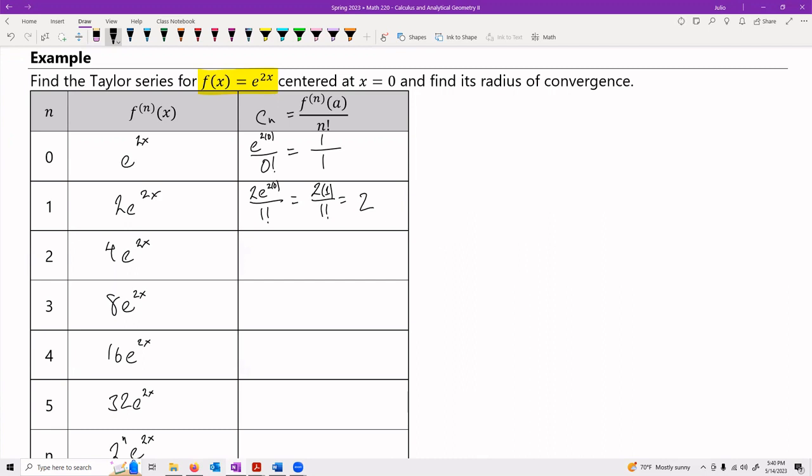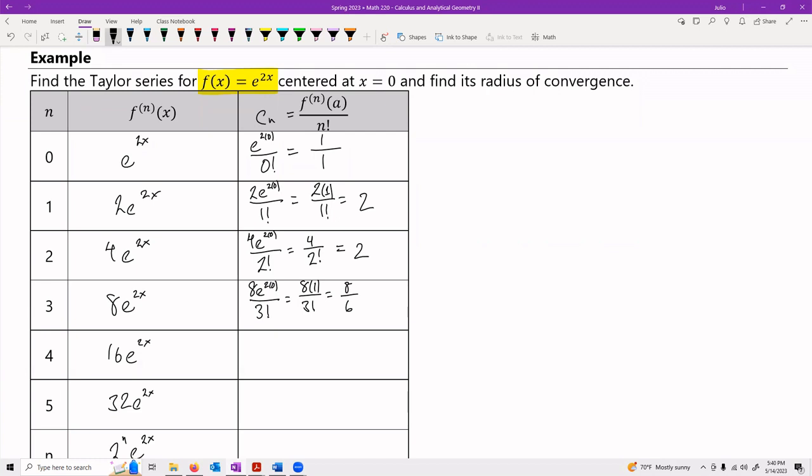Next one, 4e to the 2 times 0 over 2 factorial, 4 over 2 factorial. This is going to be 2. Next, 8e to the 2 times 0 over 3 factorial. So it's 8 times 1 over 3 factorial, 8 over 6.